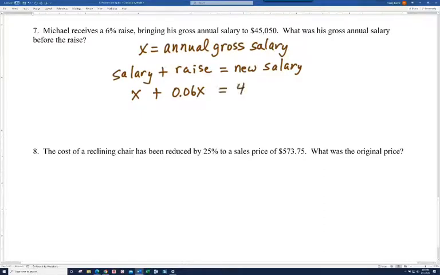All right, so that's equal to $45,050. And these are like terms, so we can add 1 and 0.06. We get 1.06x is equal to 45,050. And to get x by itself, I have 1.06 times x, so I'm going to need to divide.